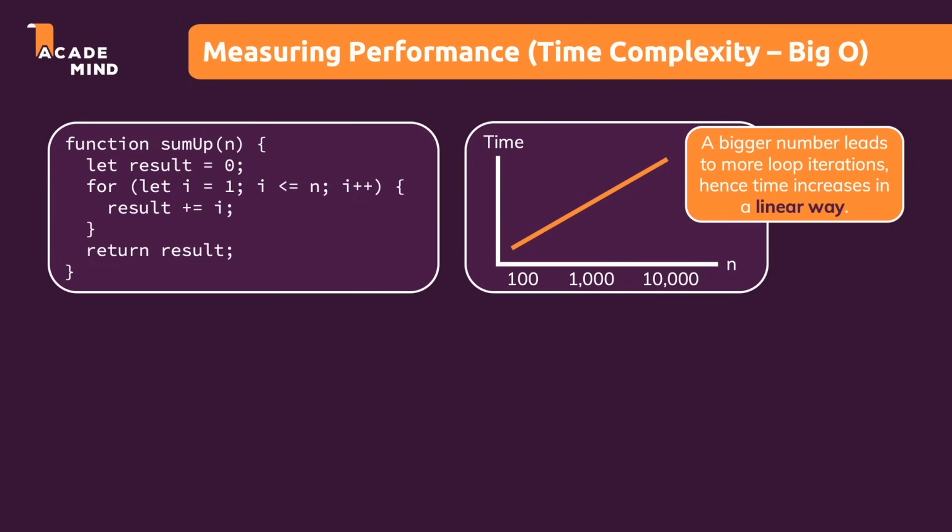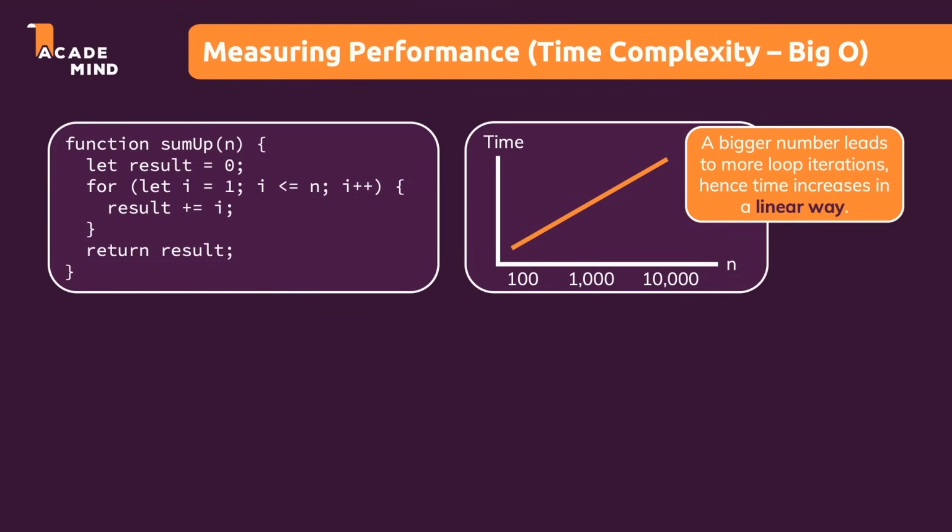But generally we can say that for this algorithm, a bigger input number leads to more loop iterations, and hence the time it takes to execute this function increases. And for this specific function, and therefore for this specific algorithm, we saw that it seems to increase in a linear way.